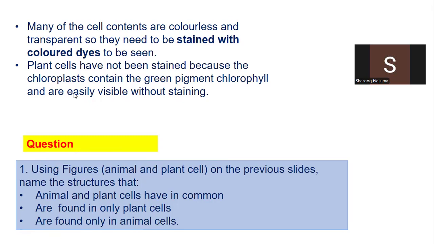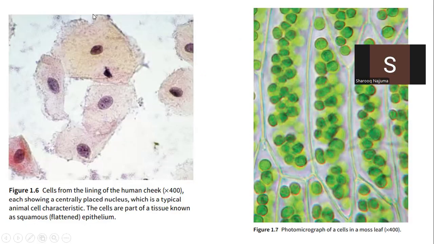If we go back to our previous slide, which was showing us the human cheek cells as an example, when you look at these cells, you can see they have some color. Now, this color is not the color that these cells have. All the cells and their contents are colorless.